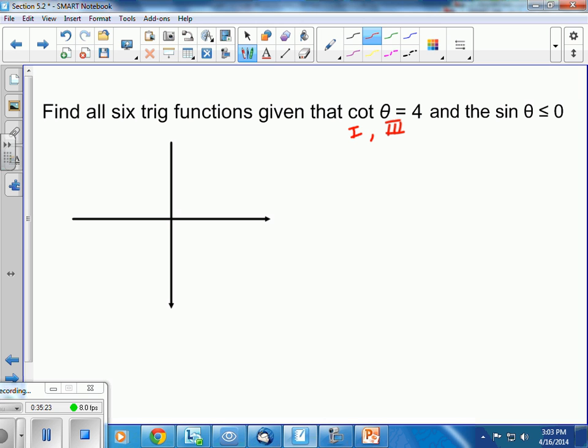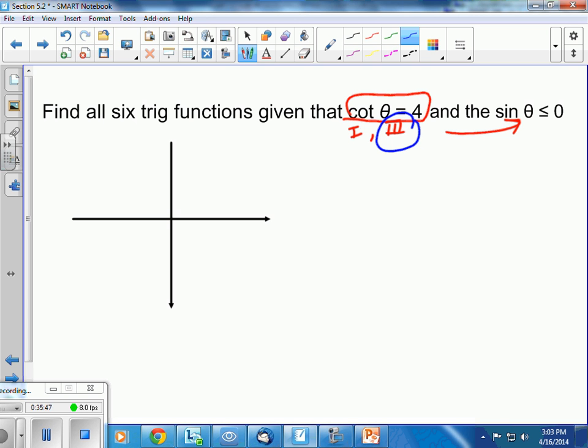The next thing I have to realize is that the sine of theta being less than or equal to 0, meaning it's going to be negative, would have to then be in quadrant 3. So this must be in quadrant 3.